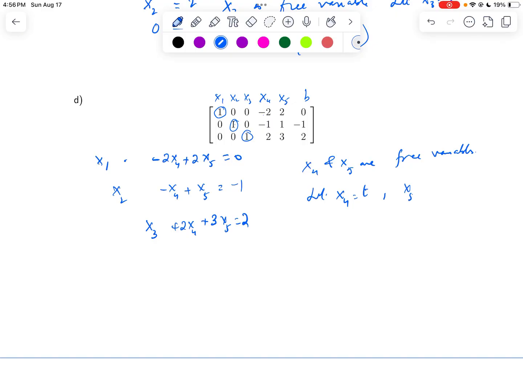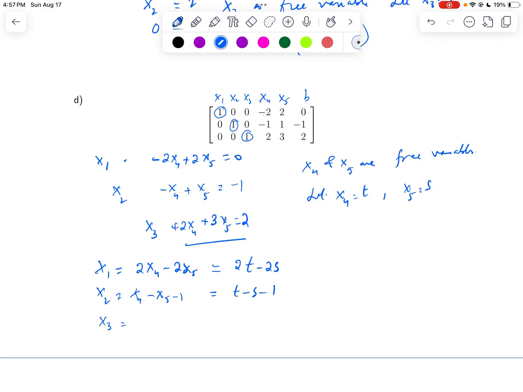Then x1 is equal to 2x4 minus 2x5, which means 2t minus 2s. x2 will be x4 minus x5 minus 1, which means t minus s minus 1, and then x3 will be what we have here.